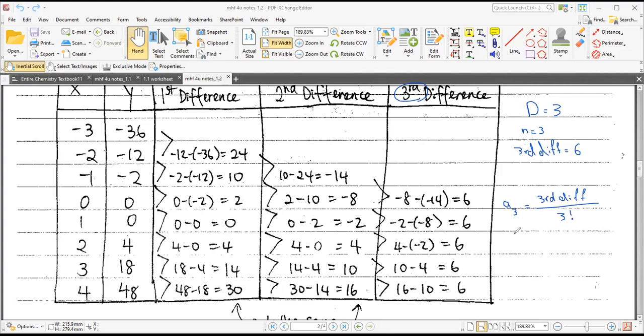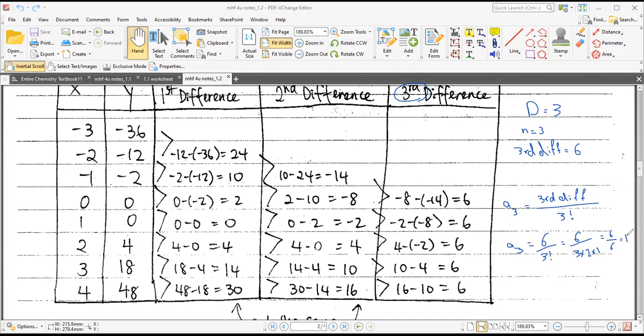To find a3, you just say the third difference, 6, divided by 3 factorial. So 6 divided by 3 factorial, which is 3 multiplied by 2 multiplied by 1, is 6 divided by 6, which is 1. So my leading coefficient is equal to 1.